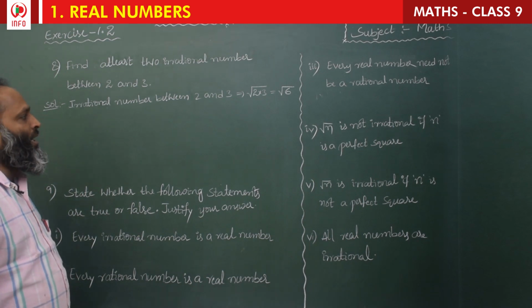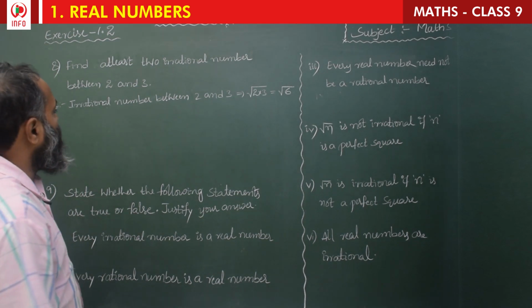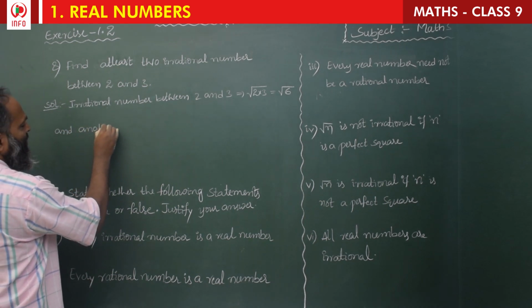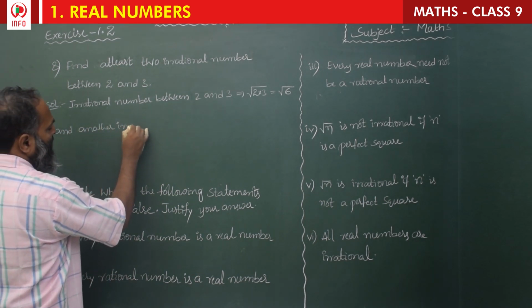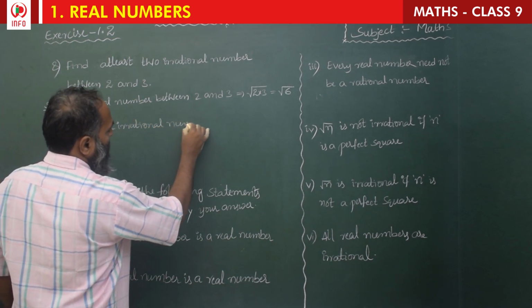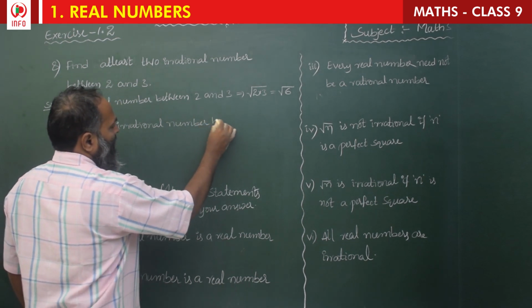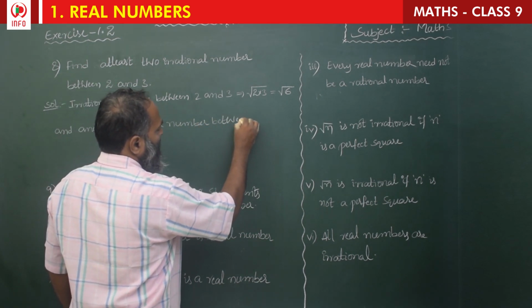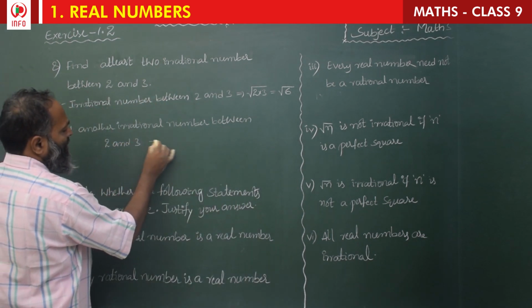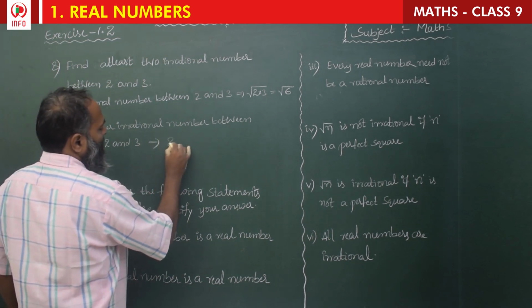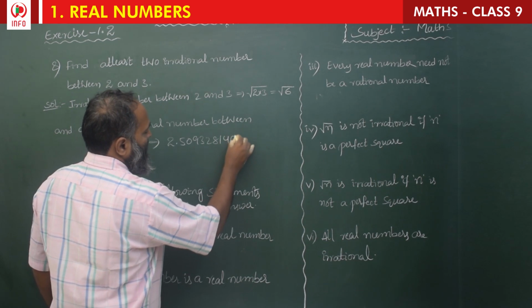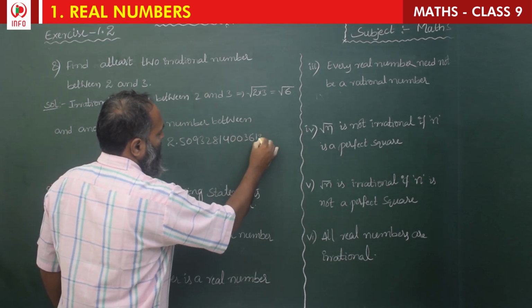So in decimal we should write another irrational number between 2 and 3, so 2.50932814003613, and so on.